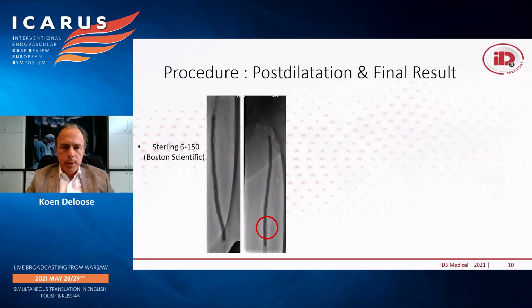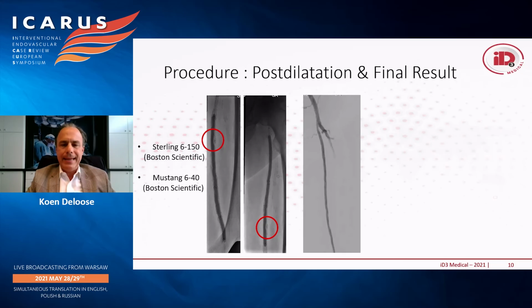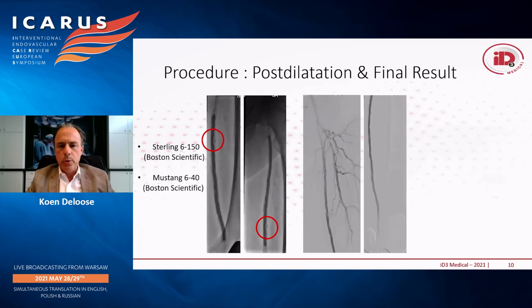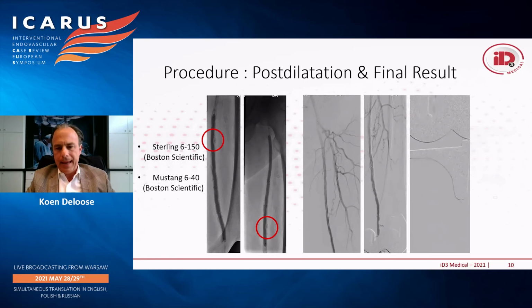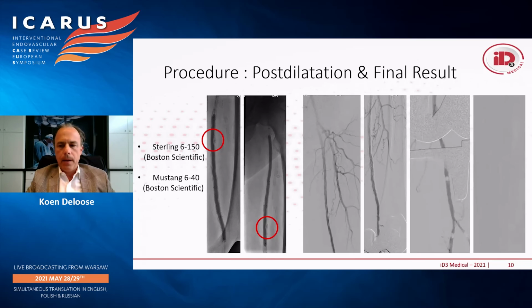Afterwards, extremely important is to post-dilate in order to overcome all the folding problems and also to have a perfect wall apposition. We did this again with a 6 millimeter balloon, and here you see the final result. Interesting to see, also without any evidence for distal embolization up to the foot, no problem at all.